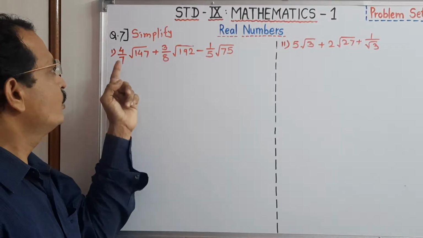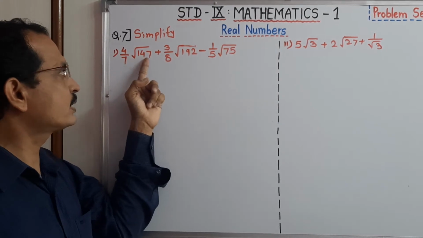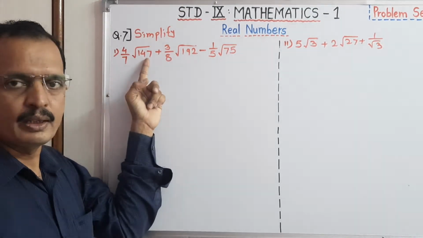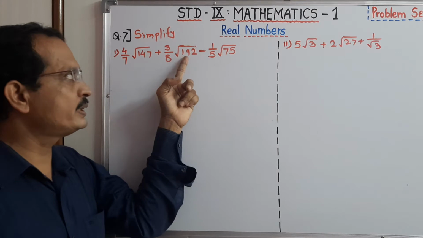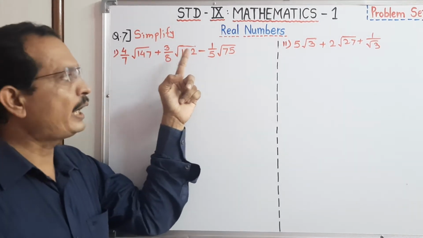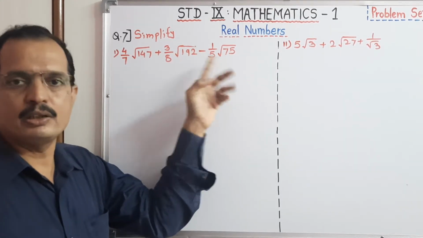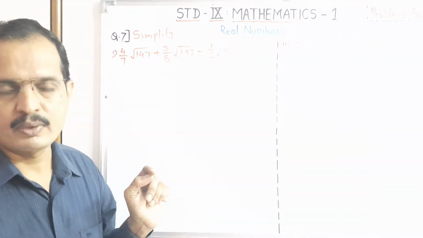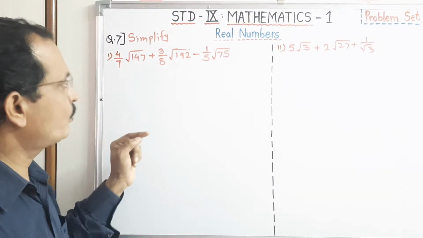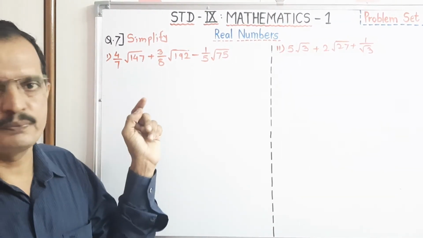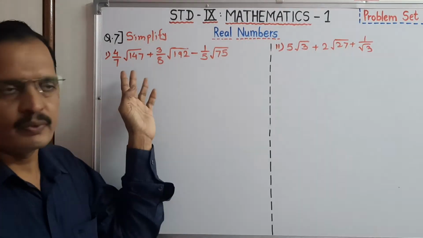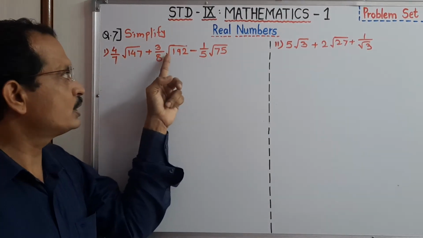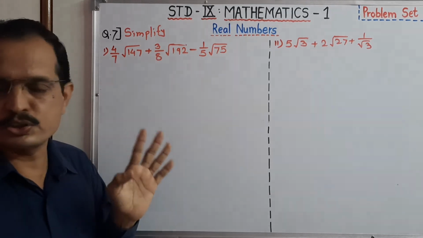Now see here, for that purpose we have to factorize this 147, as well as this 192, and this 75 also. While doing factorization we have to see the order. Here the order is 2, here also 2, and here also 2.